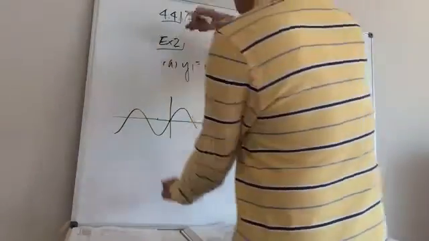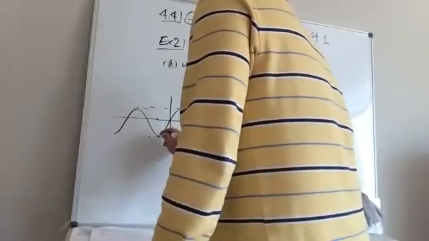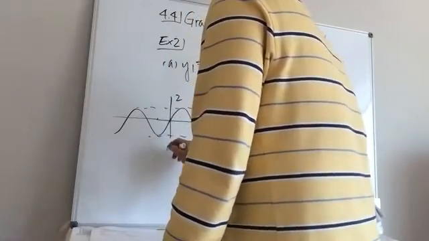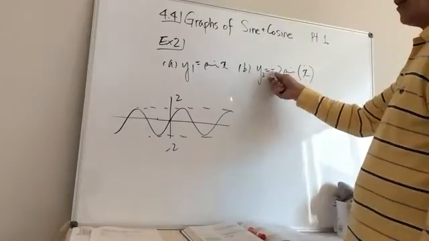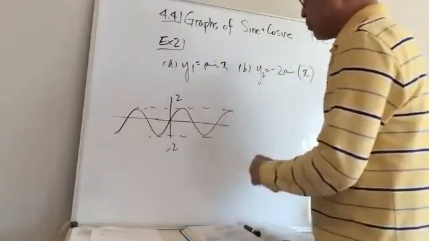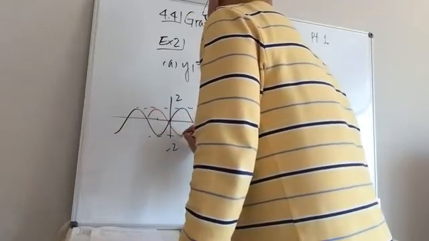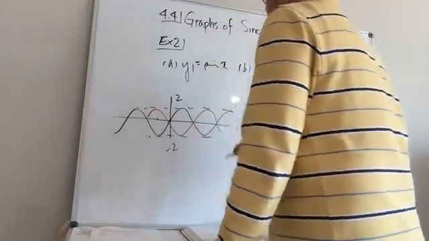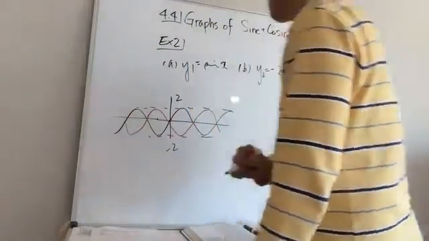I'm going to vertically stretch it by 2 now, right? So it's going to be from 2 to negative 2. But then I have a negative here, so I have to do the negative, so it's going to be the reflection across the x-axis again. So it's going to look like this, right? Okay, so this is where we're at.